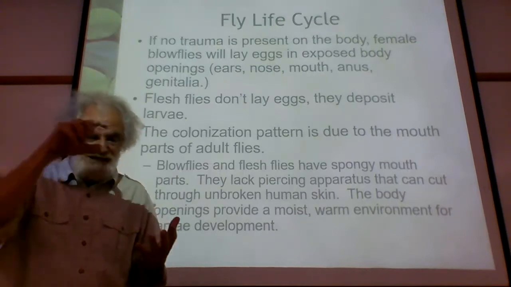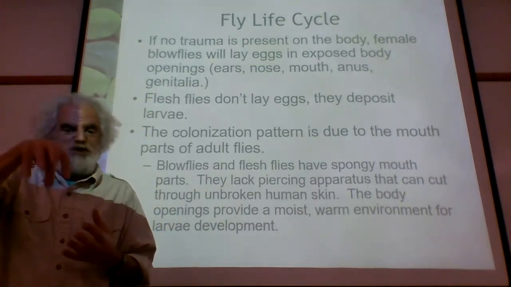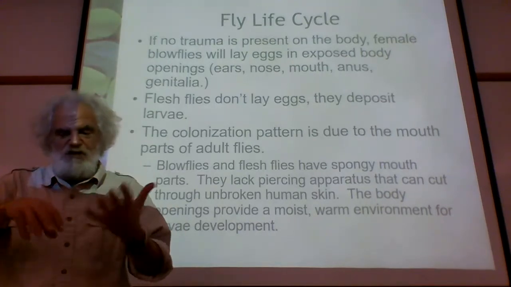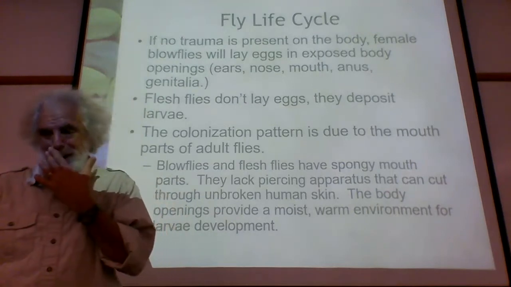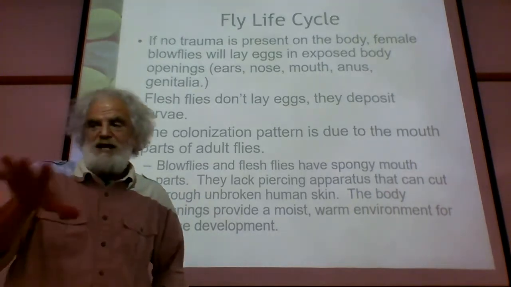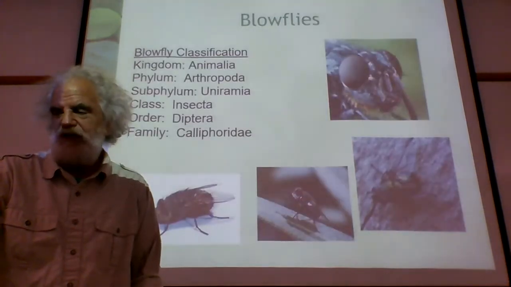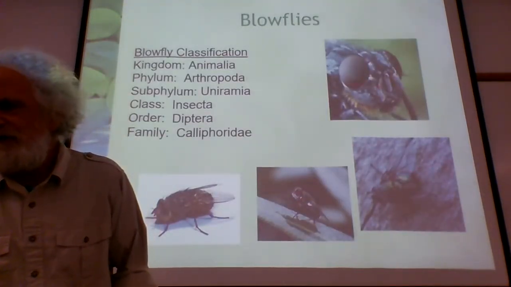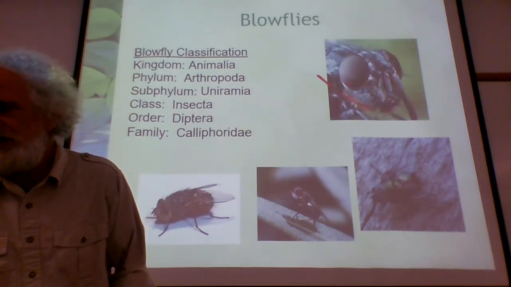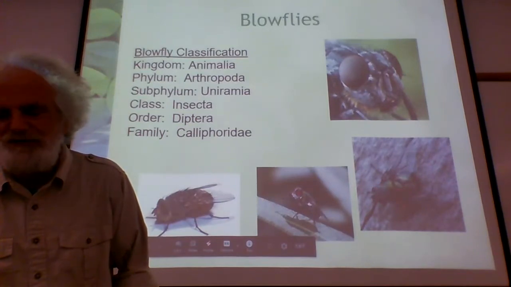Some flies actually can chew in. Blowflies have spongy mouth parts. They actually have to have material that is somewhat dissolved before they can actually kind of suck it up. So that's why they start laying stuff into these orifices, as it were. So here's some blowflies. There's the dude's spongy mouth parts right there. Yum. They have a kind of a cool iridescent blue-green to them.